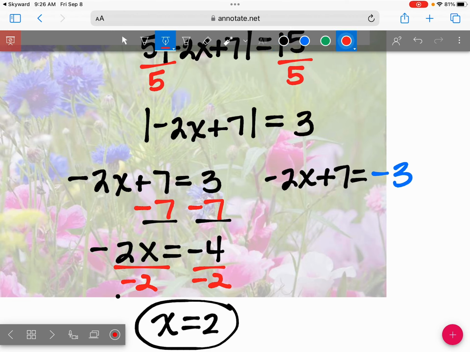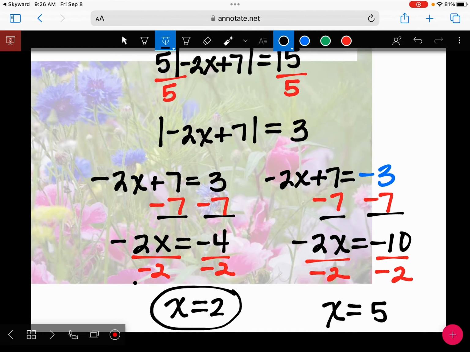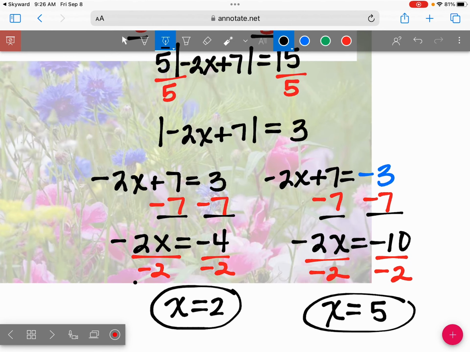Good. And then our second answer, we subtract the 7. -2x equals -10. Divide by -2. And x equals +5. And that would be your two solutions.